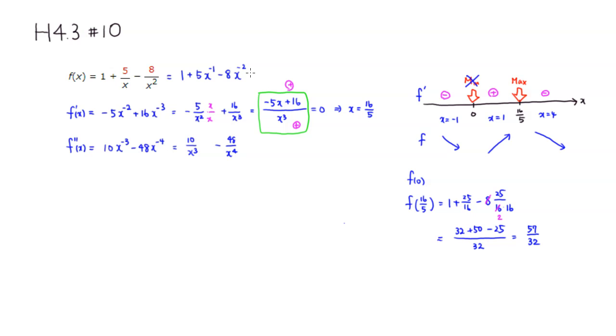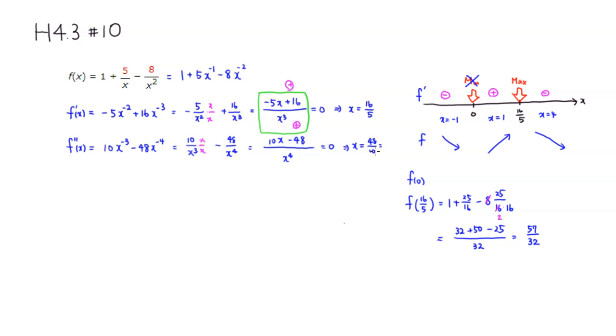Then take the common denominator. We can just multiply top by x and bottom by x. So we are getting x to the 4th power in the denominator, and then we have 10x minus 48. If you set that equal to 0, you can see that x is going to be equal to, set the numerator equal to 0, so 48 over 10.